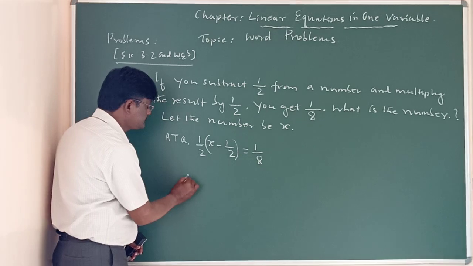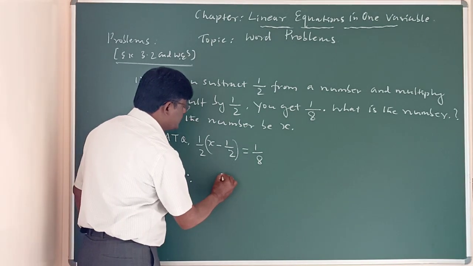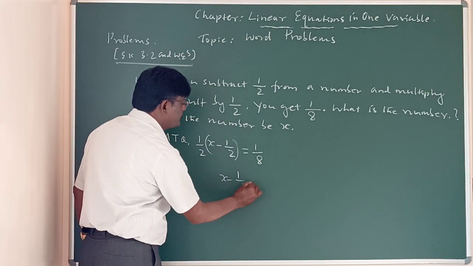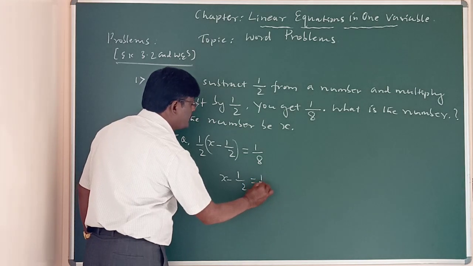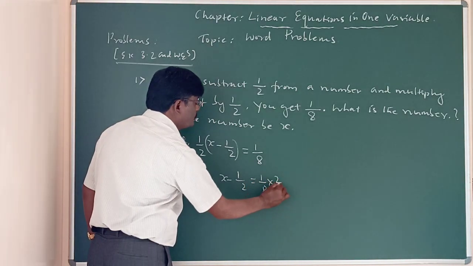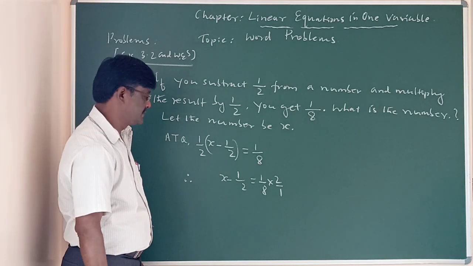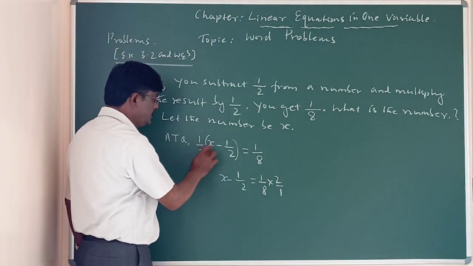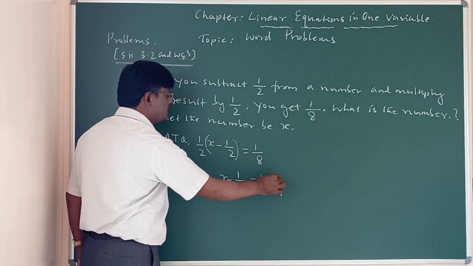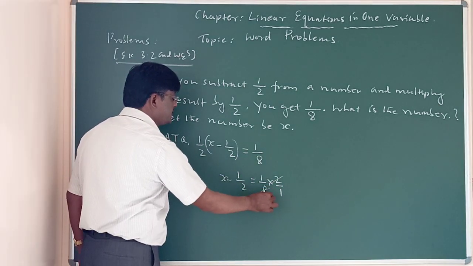Now therefore, x minus 1 by 2 equals 1 by 8 into 2 by 1. Cross multiplication is done. 2 1s are 2, 2 4s are 8, so just divide them.